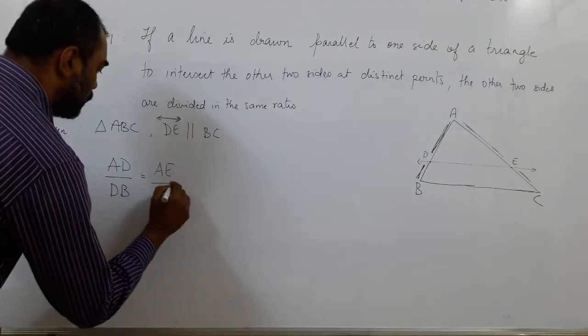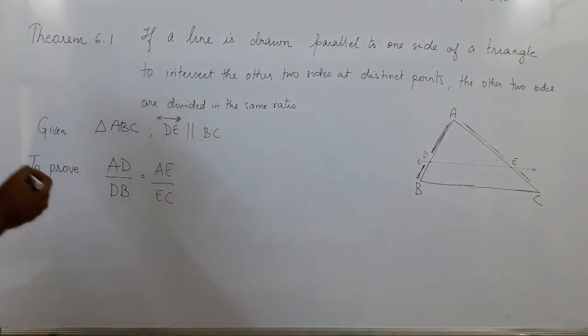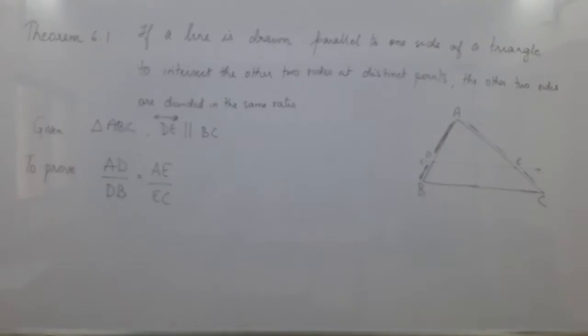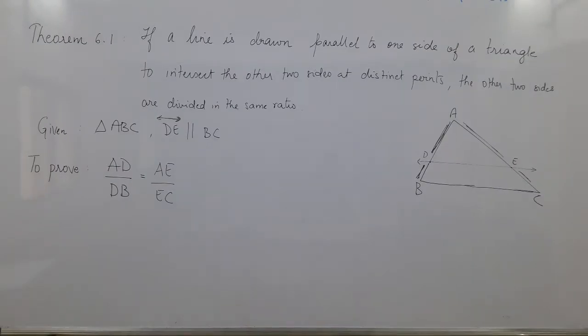So this is what we have to prove. So understand the theorem, understand what is given to us, understand what we have to prove, and then we'll move on to the proof.